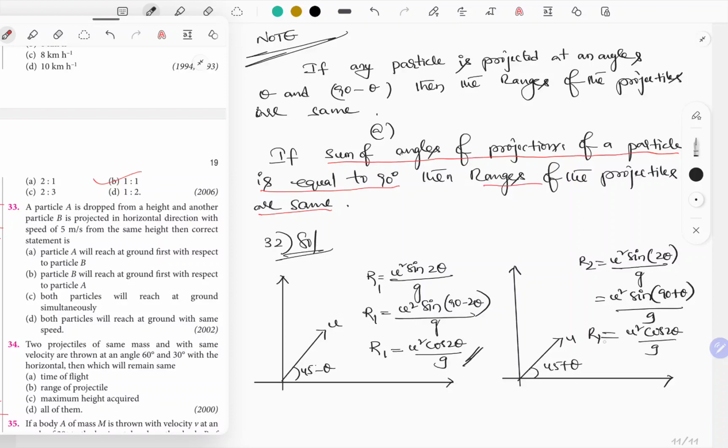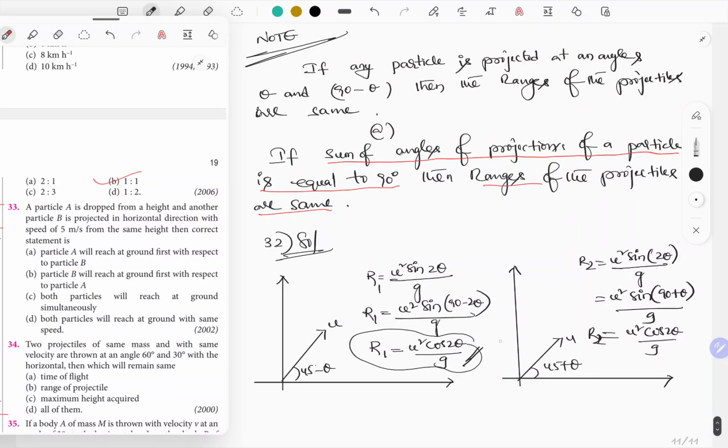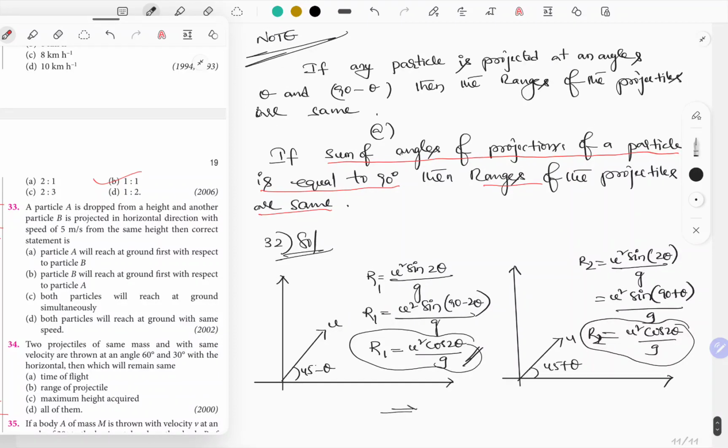So if you observe in both the cases, is r1 equal to r2? Yes, it is. The range of the projectile is going to be the same. So this solution follows the point that I have given: range r1 is equal to r2. When is it applicable?